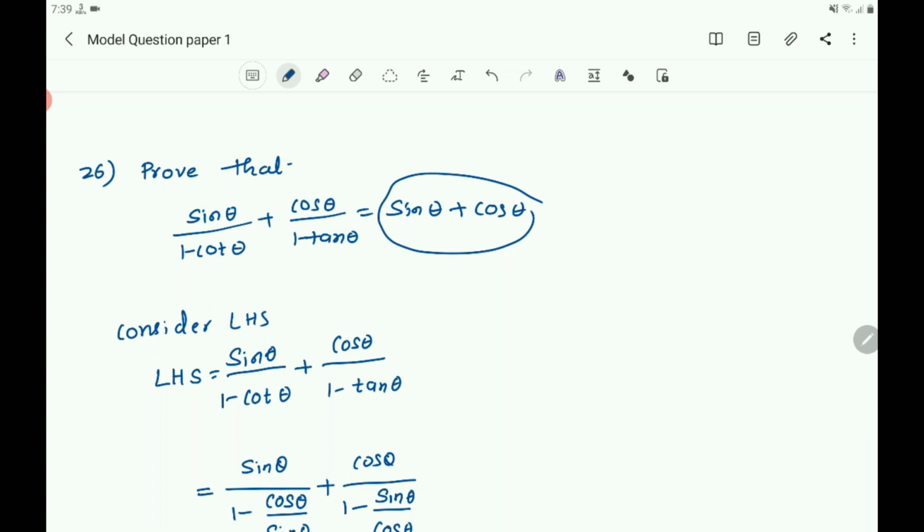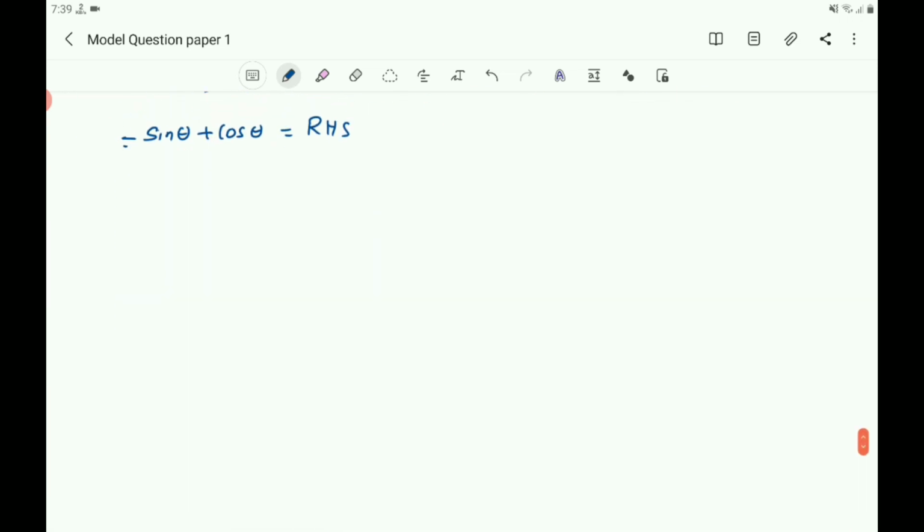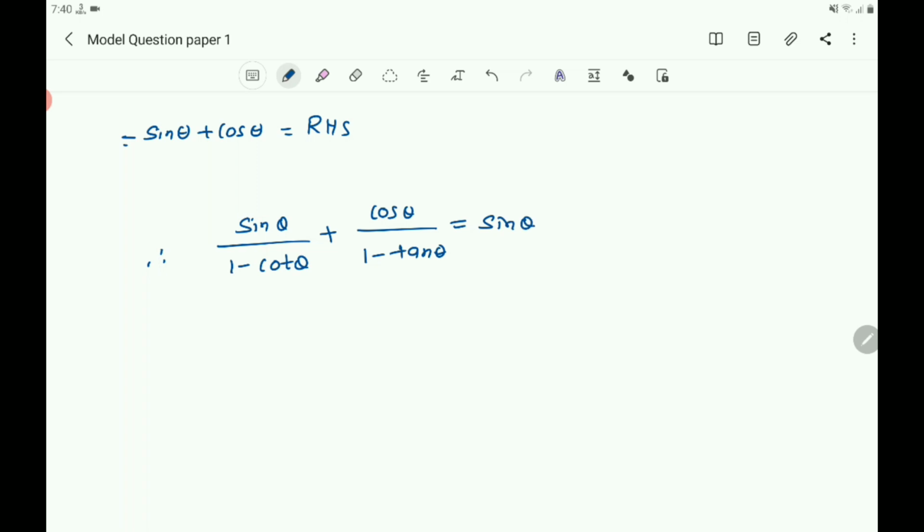Therefore, sin theta by 1 minus cot theta plus cos theta by 1 minus tan theta equals sin theta plus cos theta.